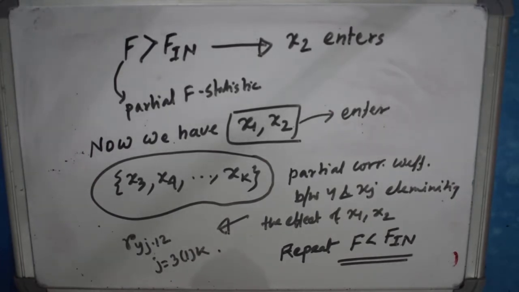Then again compute the partial F statistic. If the partial F statistic is greater than Fin, then this new variable enters into the model, otherwise we stop. So we repeat this process and stop when the partial F statistic is less than Fin. This is all about the forward selection procedure. Now we consider the backward elimination procedure.